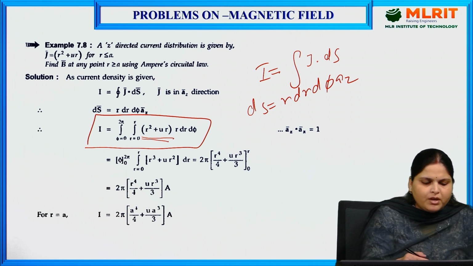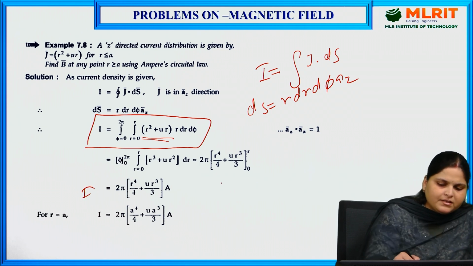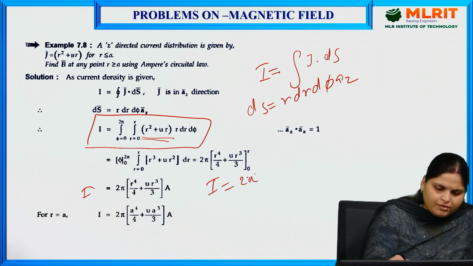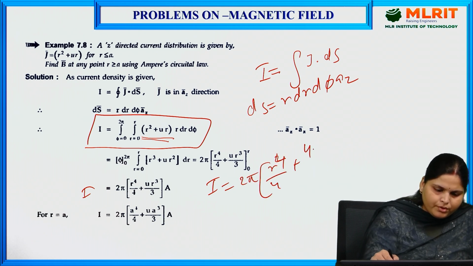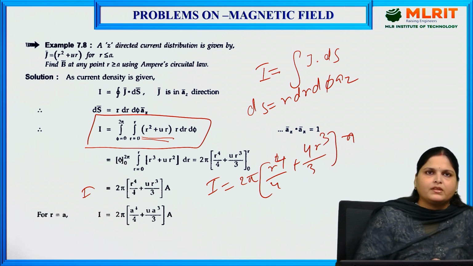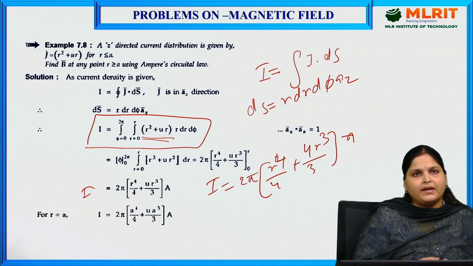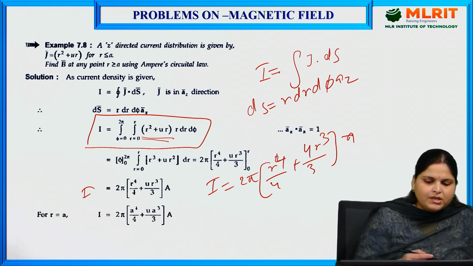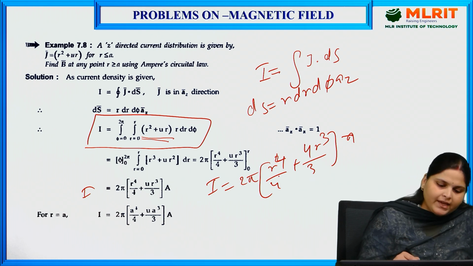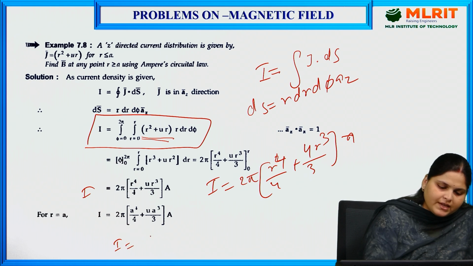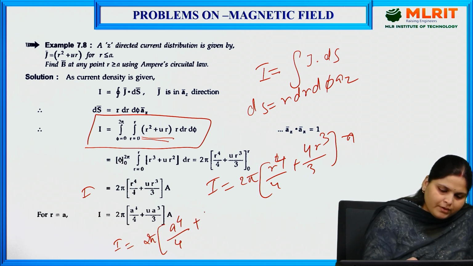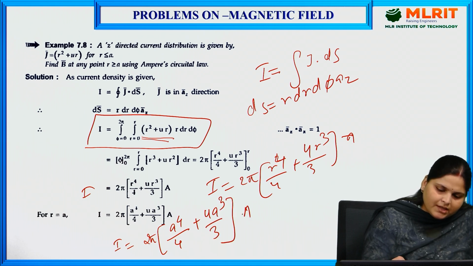On further solving, we get I as 2 pi into r to the power 4 upon 4 plus ur cube by 3 amperes. Now we know that r is greater than or equal to a, so instead of r we can put a, and we get I equals 2 pi a to the power 4 upon 4 plus u a cube upon 3 amperes.